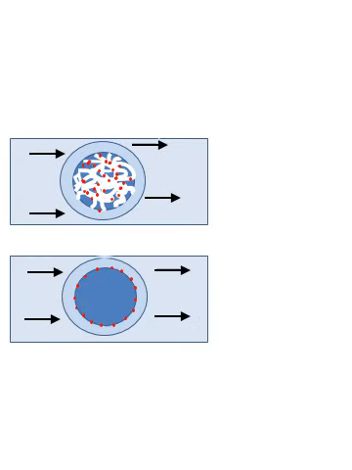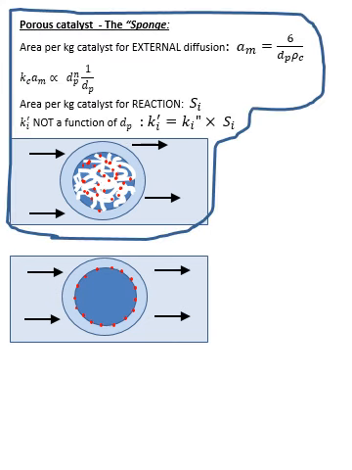So some revision and comparison of the two different catalyst types that we are going to consider in this course. The porous catalyst, which looks like a sponge. Lots of internal surface area, active sites on this internal surface area. For external diffusion, the rate constant, kcAm, the mass-based rate constant, is a function of the particle diameter for two reasons.